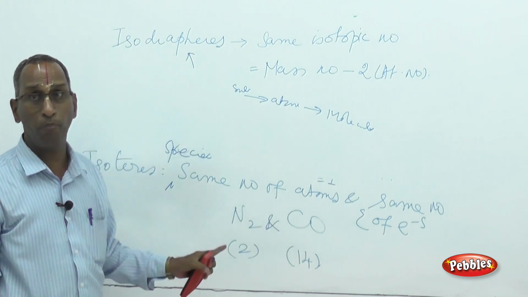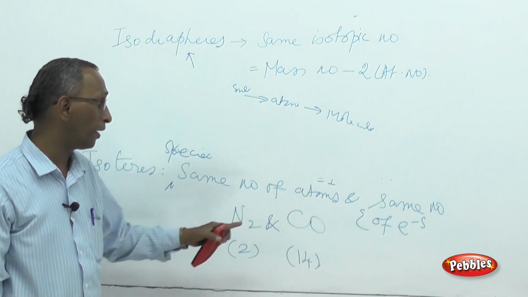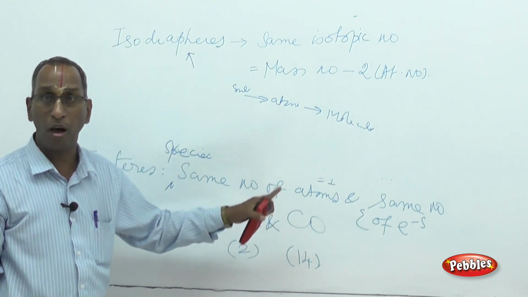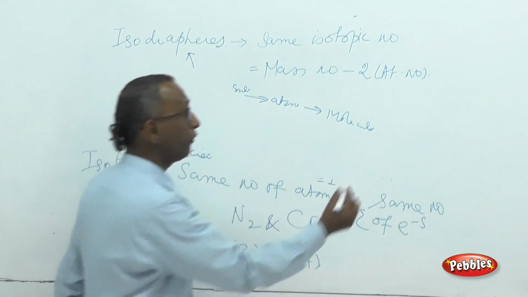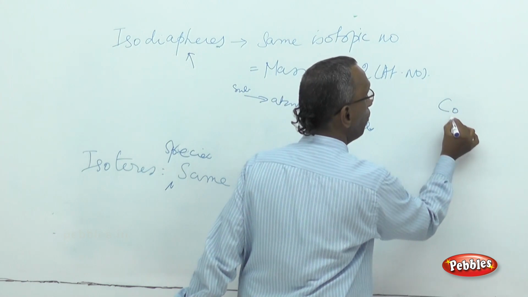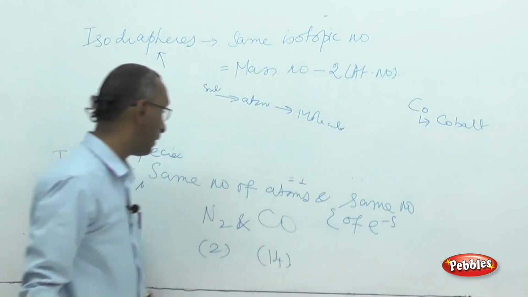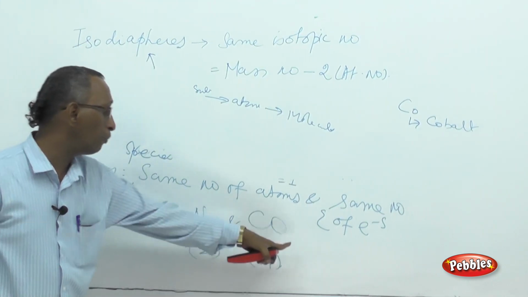The nitrogen symbol is capital N, whereas capital C represents carbon, capital O represents oxygen, and CO represents carbon monoxide. But if you write capital C, small o, that represents a different element called cobalt. So you have to be careful about writing. Capital C and capital O means carbon monoxide.